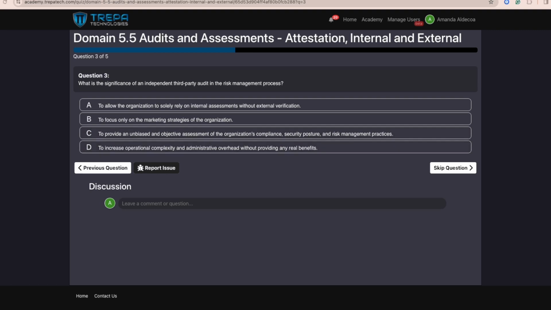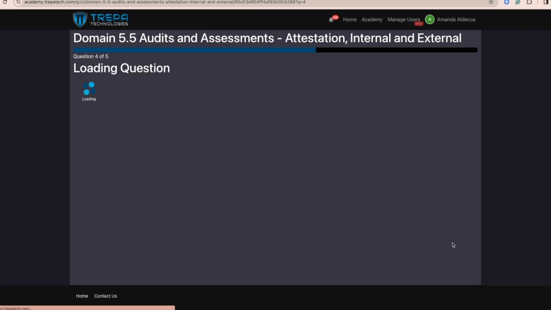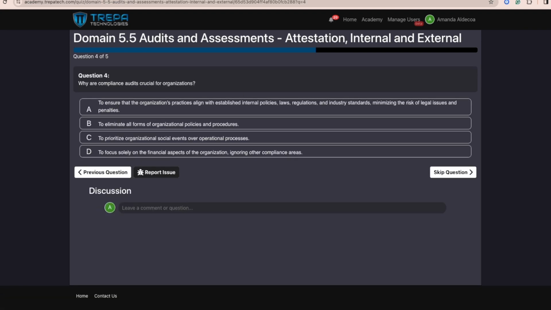Question 3. What is the significance of an independent third-party audit in the risk management process? So we're going to go with C here, to provide an unbiased and objective assessment of the organization's compliance, security posture, and risk management practices. Question 4. Why are compliance audits crucial for organizations?